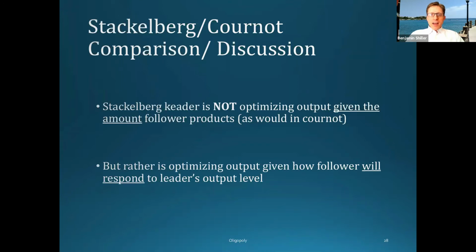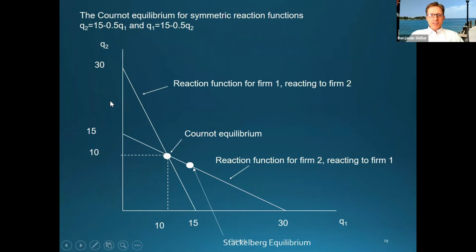And so if we go back to this graph with the two reaction functions, we can see here that the Cournot equilibrium occurs where the two reaction functions cross. But the Stackelberg equilibrium falls on the follower's reaction function, but not the leader's reaction function. And the reason is because the leader is maximizing its profits by choosing a quantity which is influencing how much the other firm will produce.